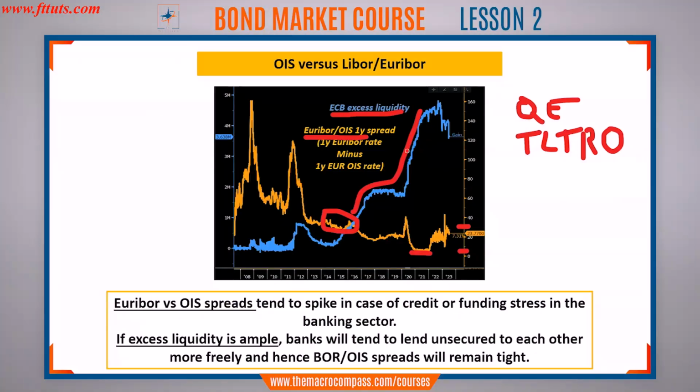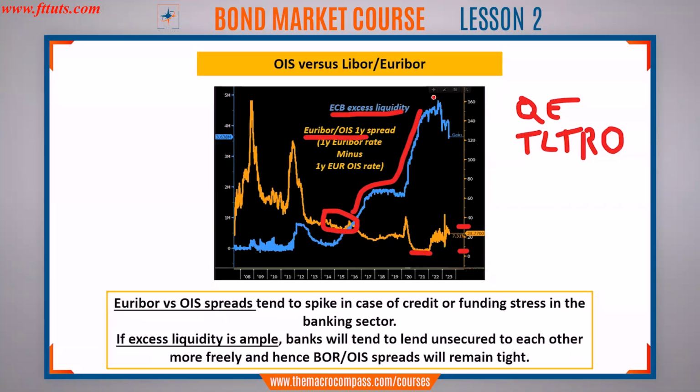If excess liquidity is rising, and it's very, very large, several trillion of excess reserves in the system, that means that banks will tend to lend these reserves to each other much more freely because there is a great abundance of them, which means the Euribor rates will compress over time. And that's exactly what happened between 2015 and 2021.